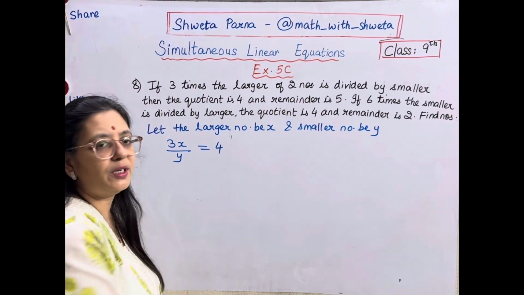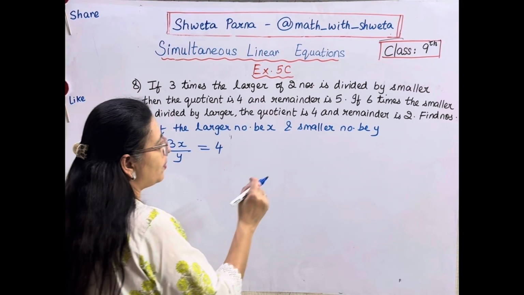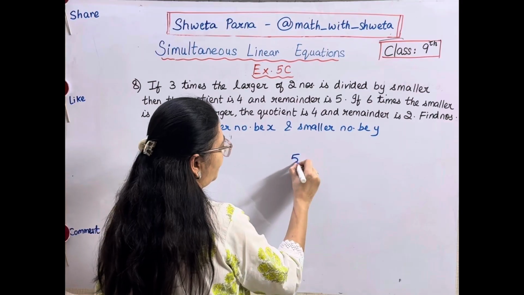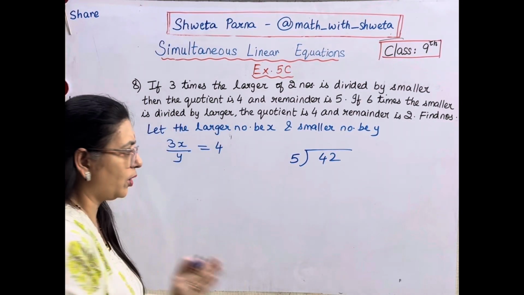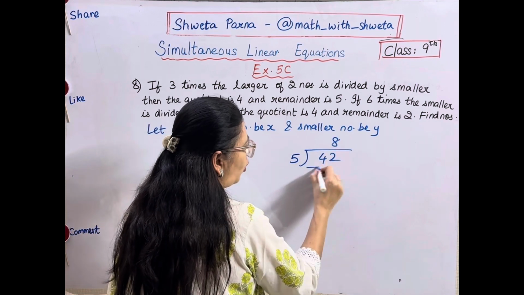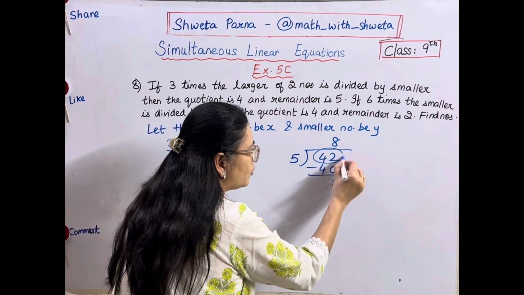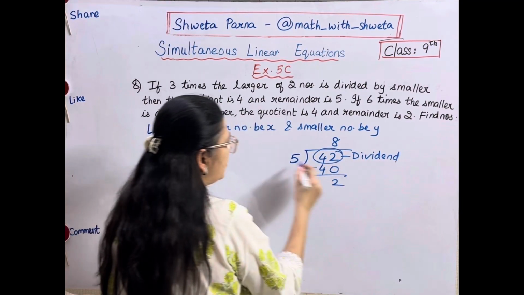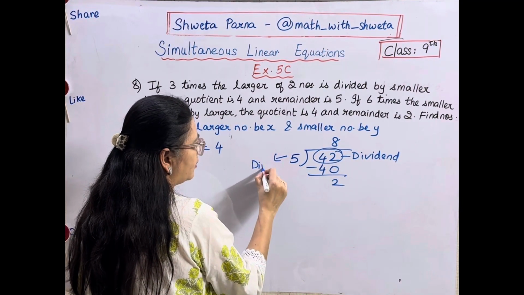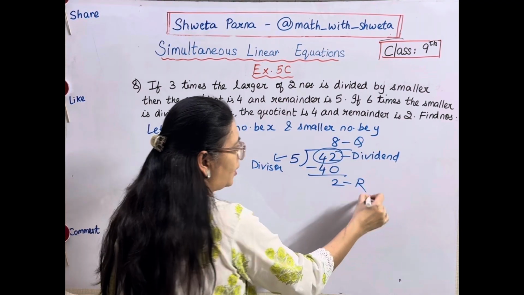How will you solve it? How will you place the remainder? So, remember when you were doing, say I will take an example, you are dividing 42 by 5, okay. 5 8s are 40, you will get the remainder 2. Now, this is called the dividend, this is called the divisor. This you know is the quotient and this is the remainder.